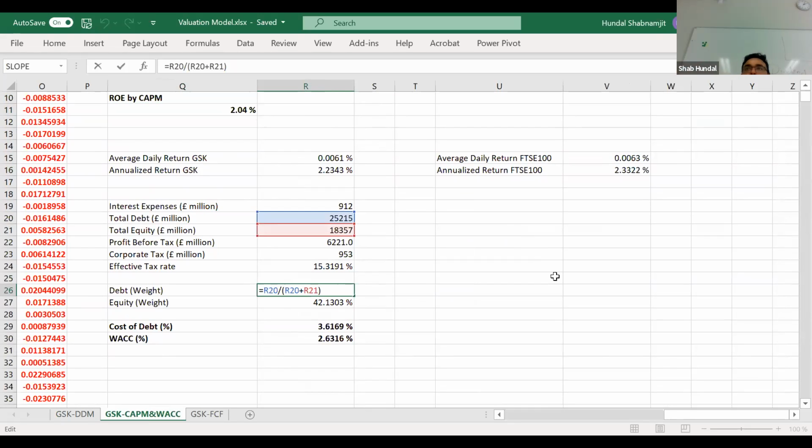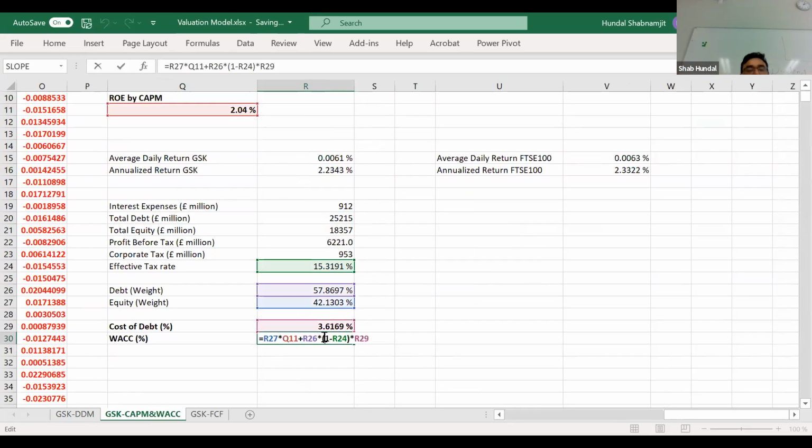That's not good. So to get rid of this limitation, I reconsider, should I revise my discount rate? For this, I calculate weighted average cost of capital, which includes debt and equity both.